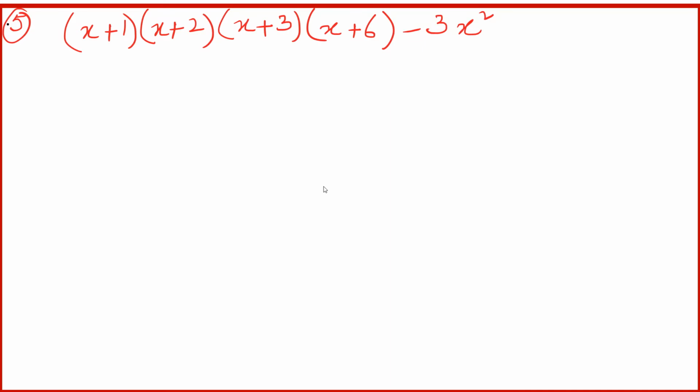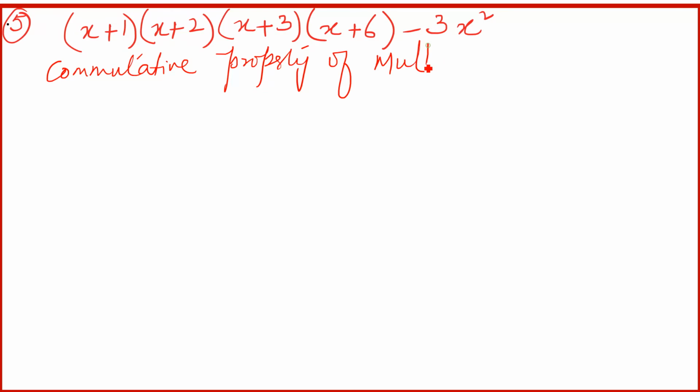One more question: (x + 1)(x + 2)(x + 3)(x + 6) − 3x². Here we have to use the commutative property of multiplication, because all are positive.